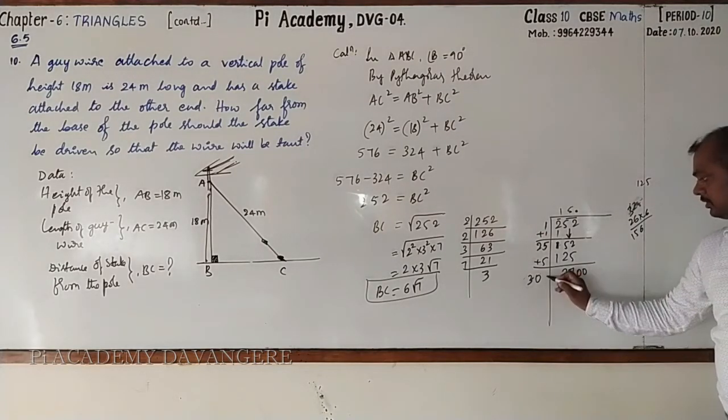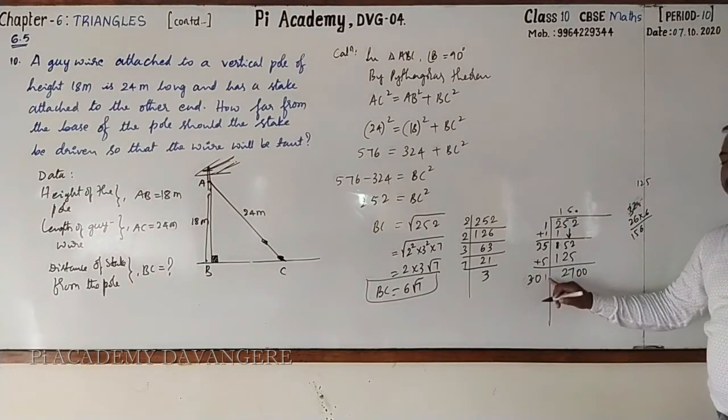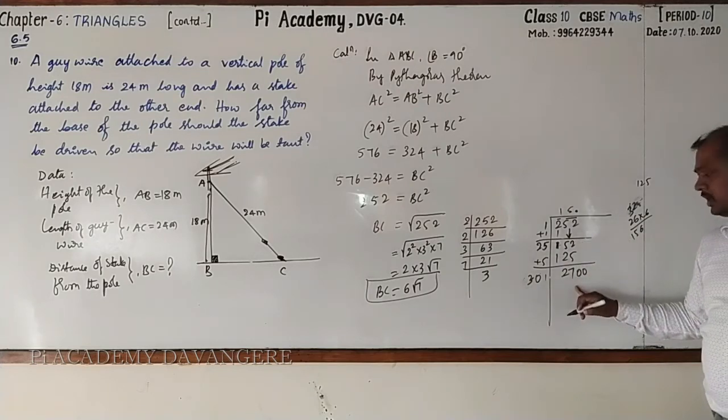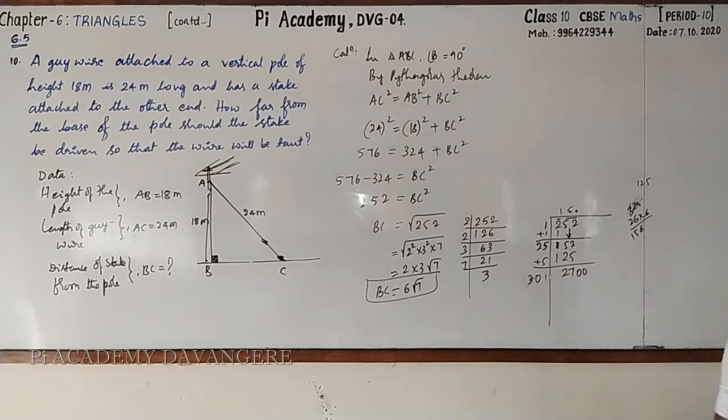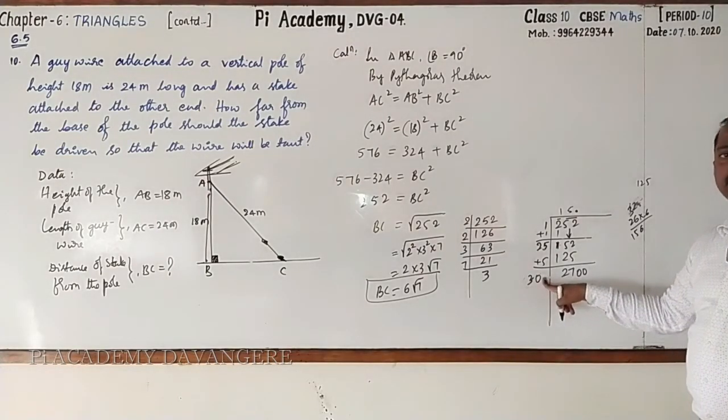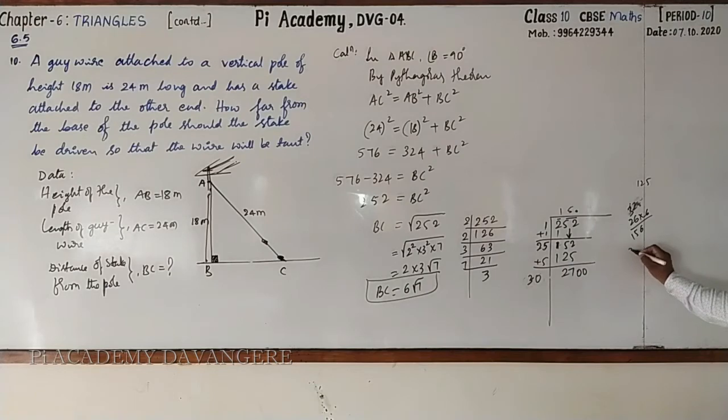Then put decimal, take 2 zeros. 2700. Here if you put 1, it will be 301. 301 1s are 301. But here we have 2700. Hence you can go for taking either 8s or 9s. Look here, 308 8s are, 8 8s are 64, 6 is the carry, 8 3s are 24.